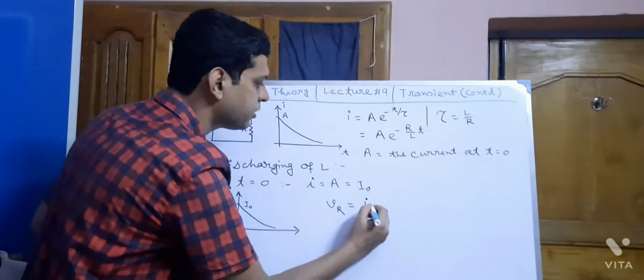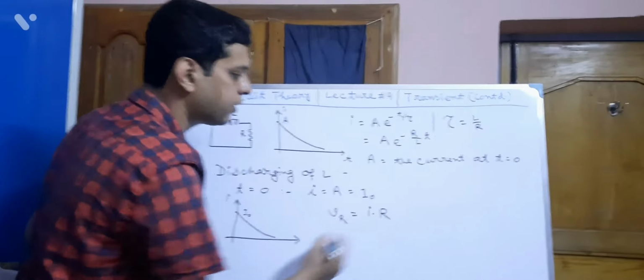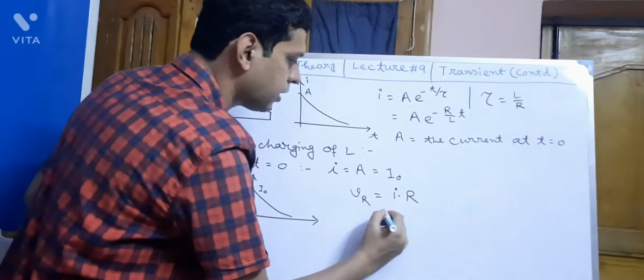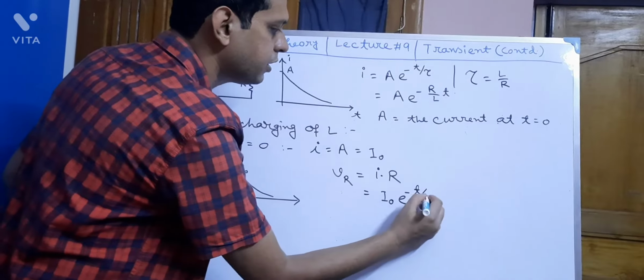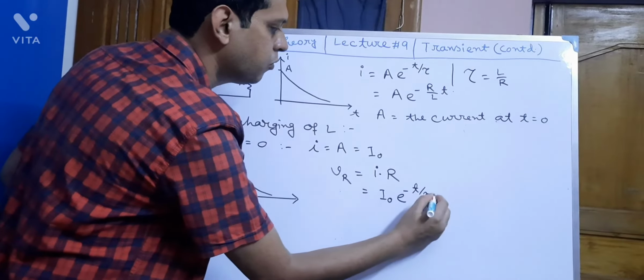Voltage across the resistance is I into R, that is I equal to I0 e to the power minus t by tau into R. That is I0 R e to the power minus t by tau. Let us call it V0 e to the power minus t by tau.